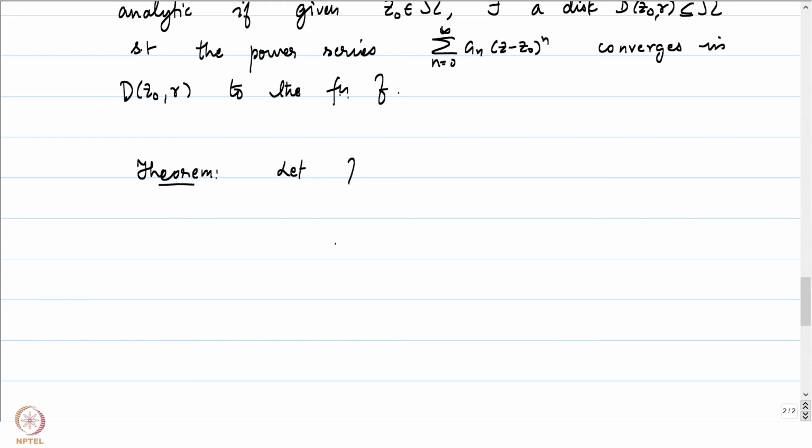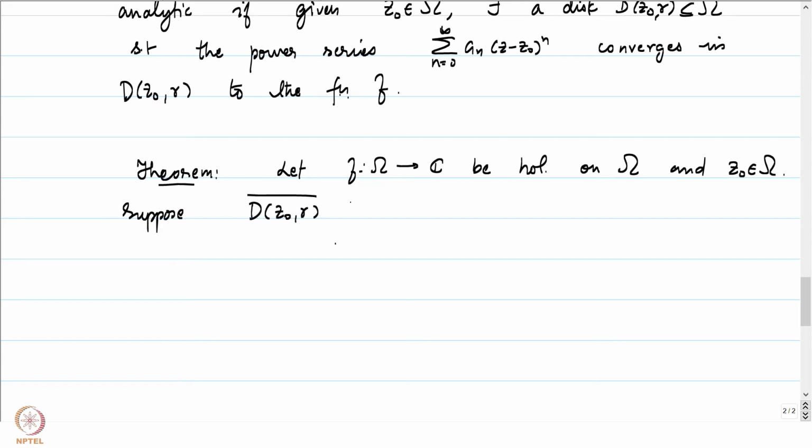Let f from omega to C be a holomorphic function on omega, and let z0 be a point in omega. Suppose the closure of the disk of radius r, D(z0, r) bar, is contained in omega.